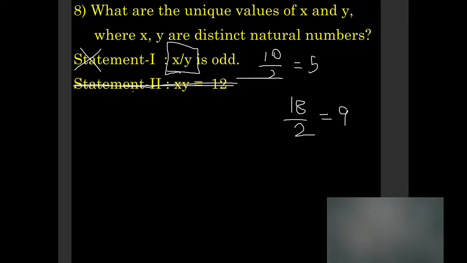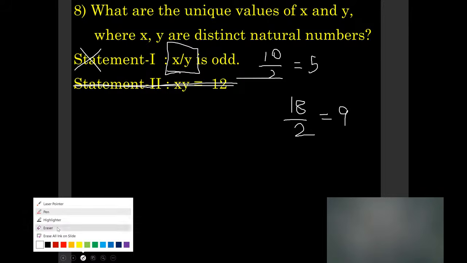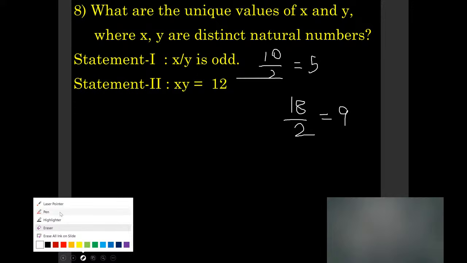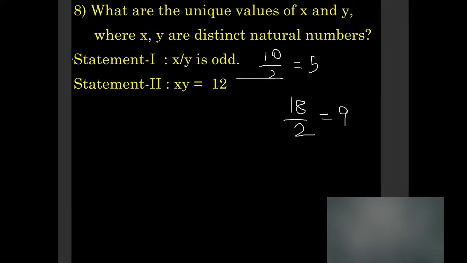Next, coming to statement 2, xy is equal to 12. So xy is equal to 12 means now these are limited values of x and y. Because x by y is odd gave us unlimited values, but the second statement gives limited values.